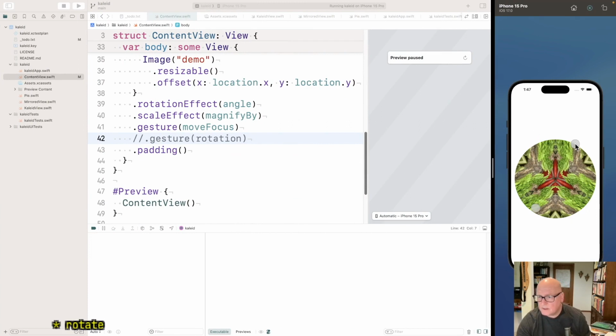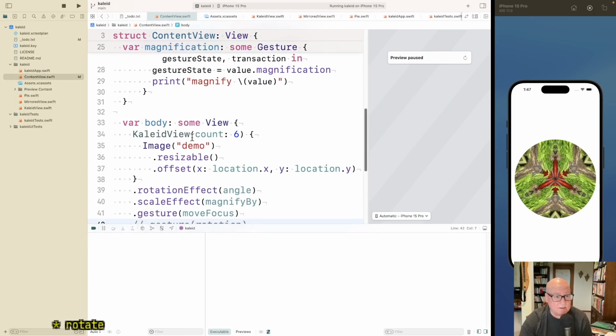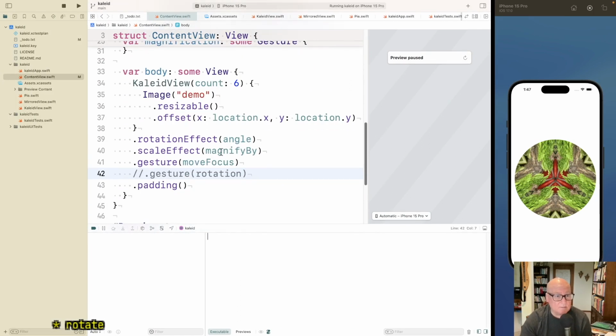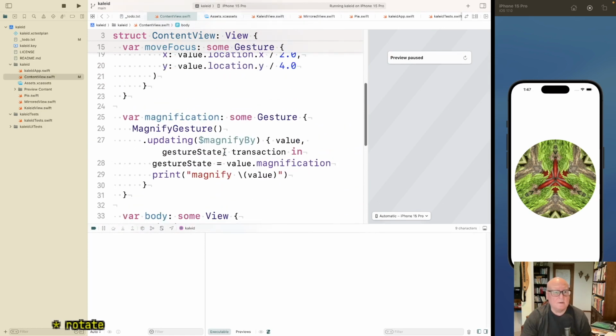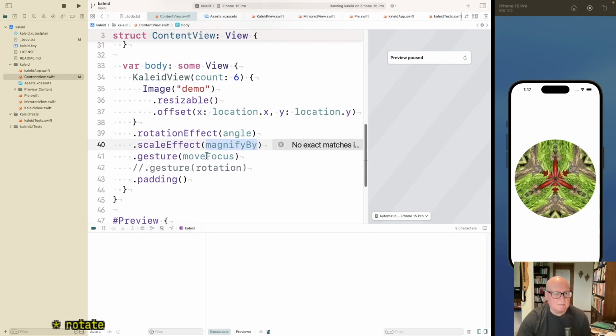I mean, we're getting nothing. And we're not even triggering it. So, did I put it in? I've got gesture. Oh. Wow. Whoops. Scale effect magnified by. Oh, I never added the stupid gesture.